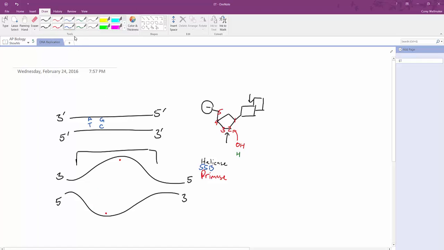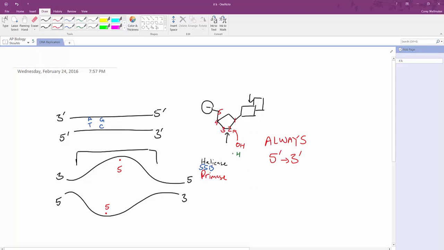So I'm going to lay down the primer by primase, and the primer is always going to start as a 5', and it has to move from the 5' to the 3'. So this is a huge rule: when we're synthesizing new DNA or RNA, we are always synthesizing in the 5' to 3' direction.